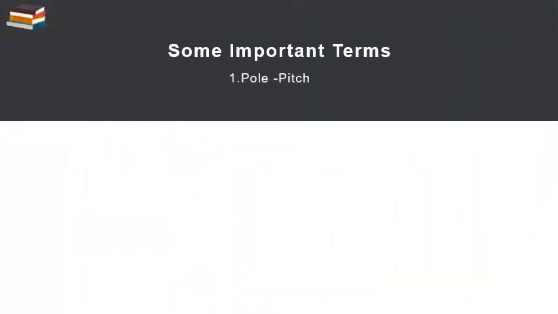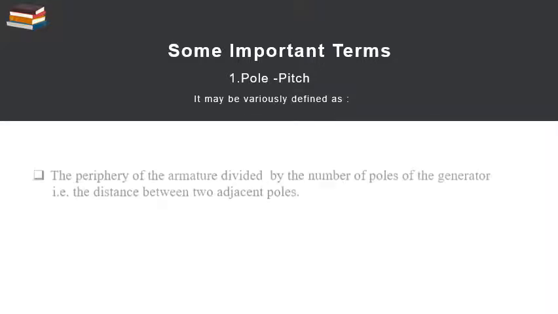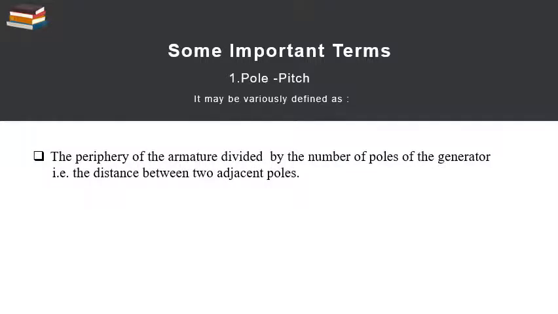So first one is pole pitch. It may be variously defined as the periphery of the armature divided by the number of poles of the generator, that is, the distance between two adjacent poles is known as pole pitch. This is the simple definition for pole pitch.